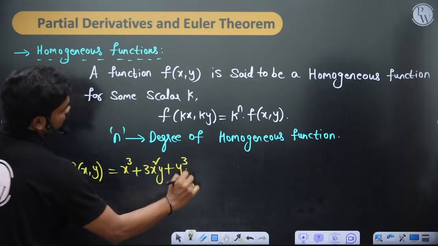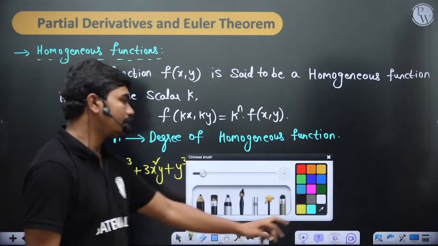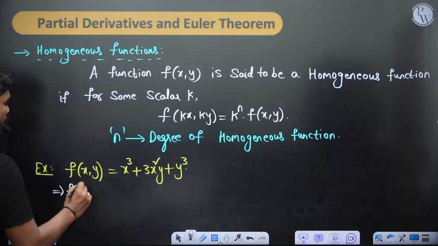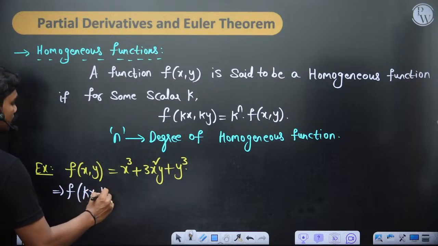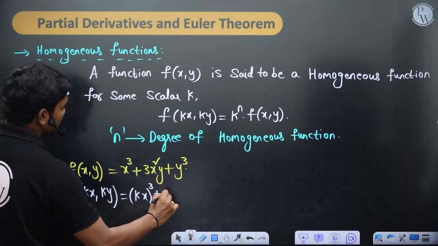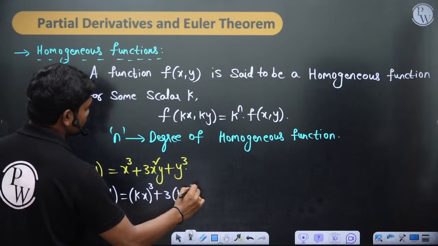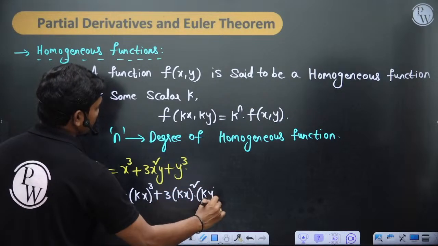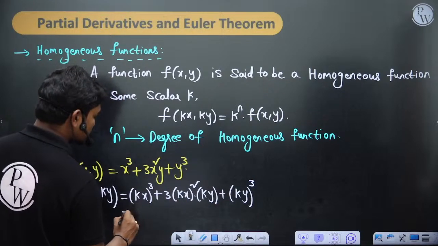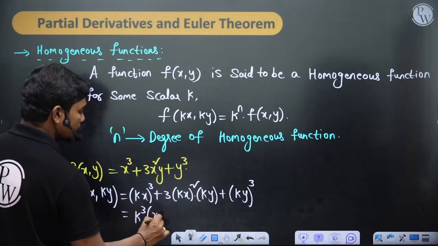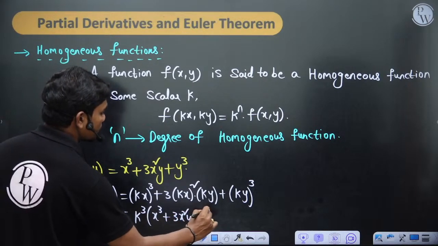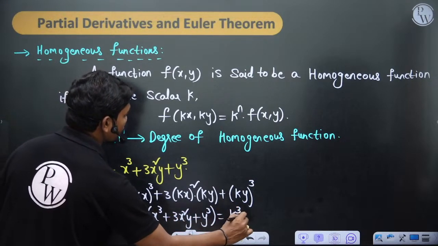If I replace x with kx and y with ky, then f of kx comma ky is equal to kx whole cube plus 3 times kx whole square into ky plus ky whole cube. If you take k cube common, you'll get x cube plus 3x square y plus y cube, which is again k cube times f of x comma y.